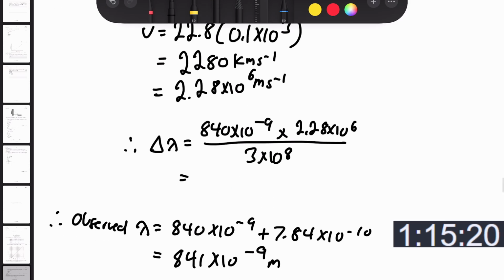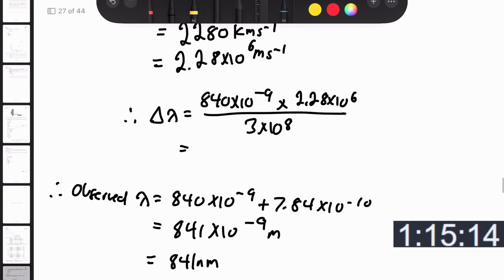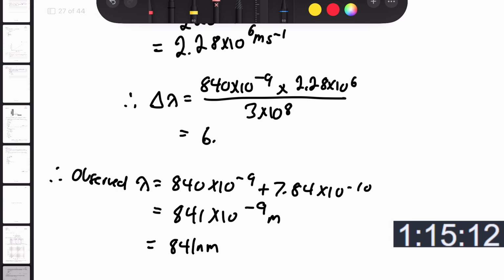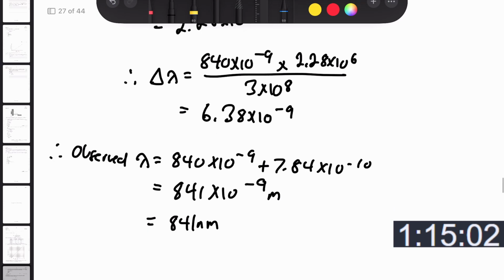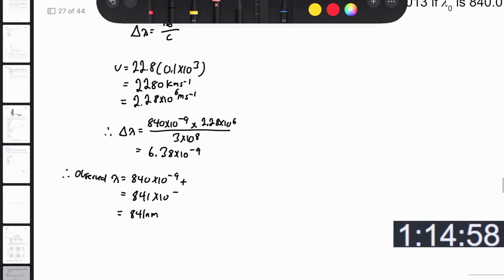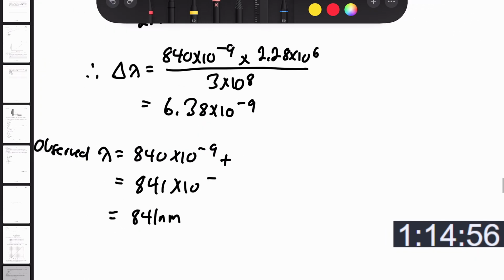So then this will give me, over 3 times 10 to the power 8, which is 606.38 times 10 to the negative 9. And then we're being redshifted, so we're adding this wavelength.